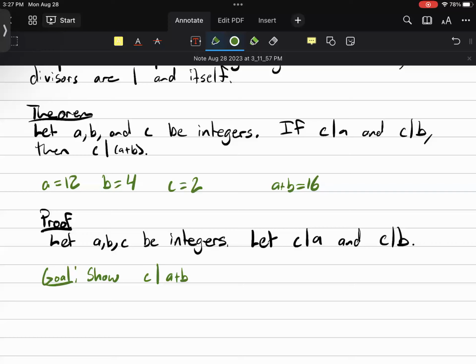Even though I don't know exactly what A is and exactly what B is, just knowing the fact that C divides A and C divides B, then C is going to be able to divide the sum. Well, think back to the definition of divide. If C divides A plus B, what does that mean? Is able to go into itself as well?